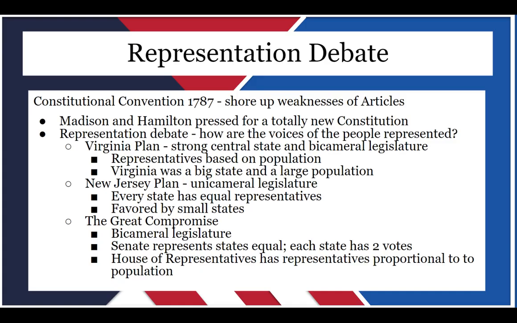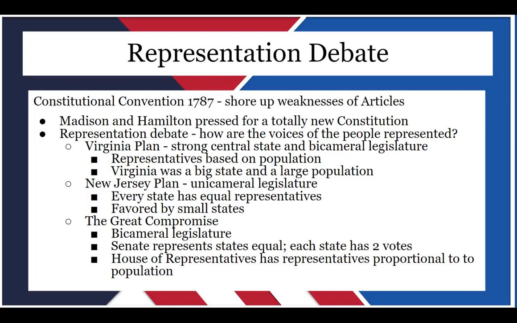Okay, so first big debate was the representation debate. How are the voices of the people represented? And there were two big plans here, the Virginia plan and the New Jersey plan. So the Virginia plan argued for a really strong central state and a bicameral legislature, so a legislature with two houses, which is what we have today.